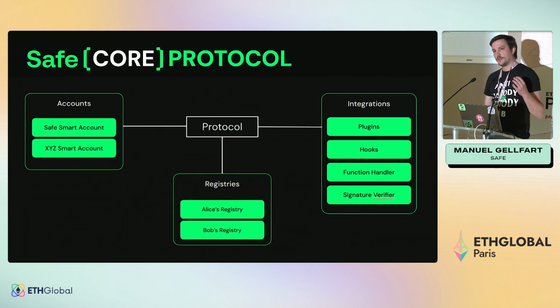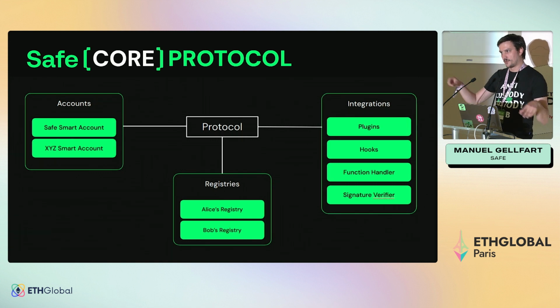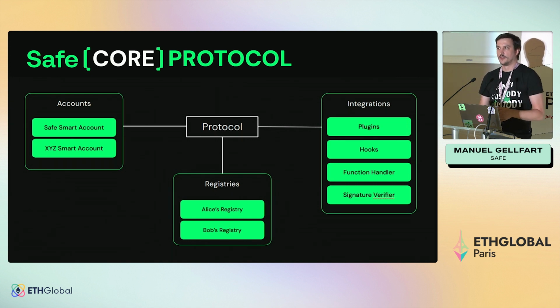The idea is that it's split between accounts, registries, and integrations, where accounts are smart accounts. At the beginning, it will be Safe supported. But the idea is that also other smart account developers or other smart account wallets could plug into this protocol and then also use the same plugins and registries. So it's not just bound to Safe. What are registries? It's quite simple.